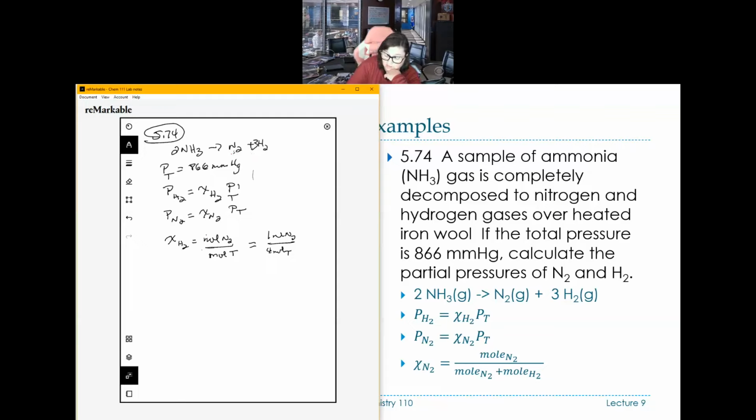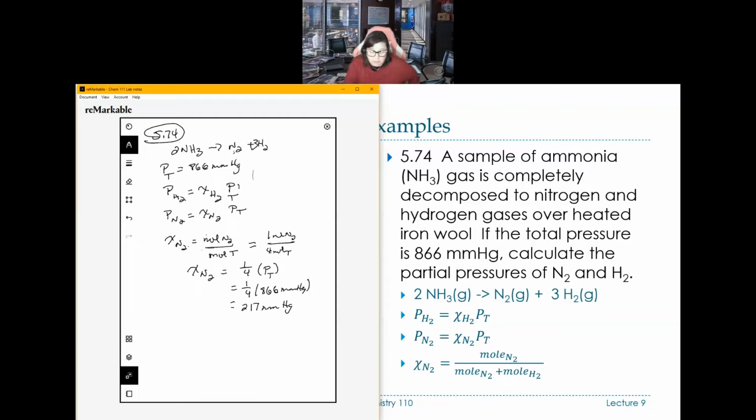That means that the pressure of N2 is 1/4 times the total pressure, PT. So 1/4 of 866 millimeters of mercury gives me 217 millimeters of mercury. Awesome sauce.